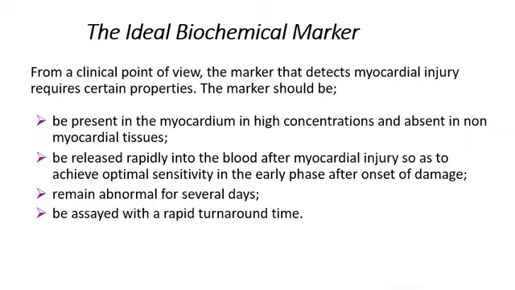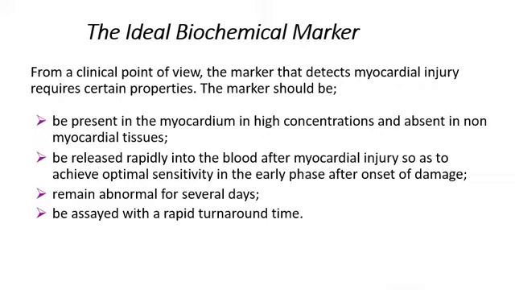This is very important, to be specific for the heart and nothing else. Second, it should be released rapidly into the blood after myocardial injury. So, once the injury happens, the marker is released into the circulation without any delay.